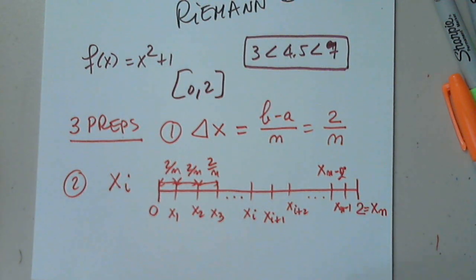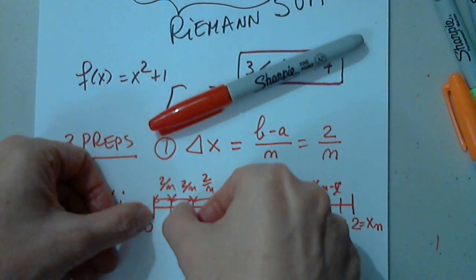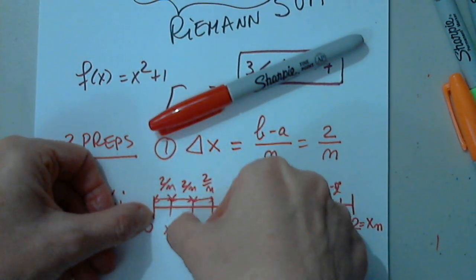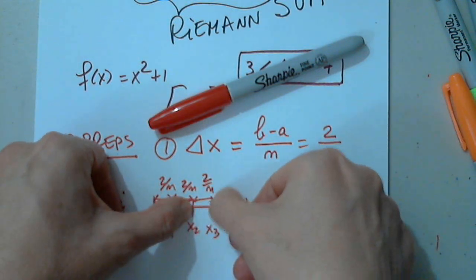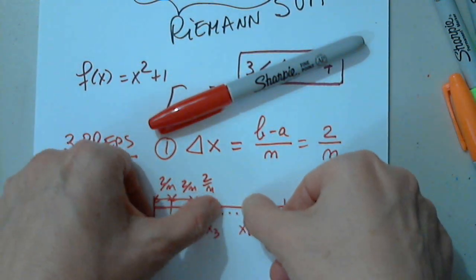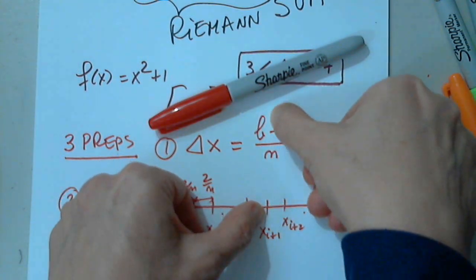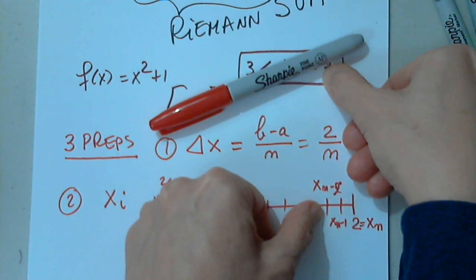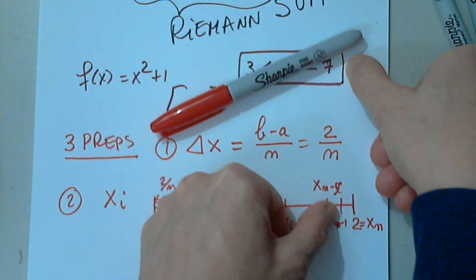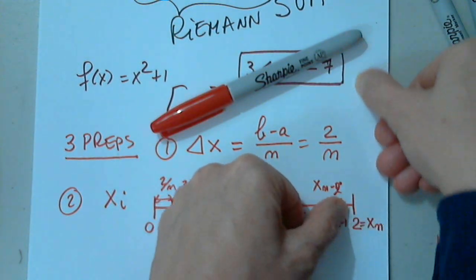What does this mean again? Remember, the function is up here. So I determine base times height for x1 plus base times height for x2 plus base times height for x3 plus base times height for xi plus base times height for xi plus 1, xi plus 2, up to xn minus 2, plus base times height at xn minus 1, plus the last one.